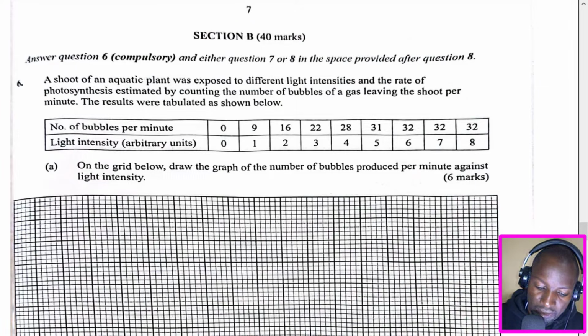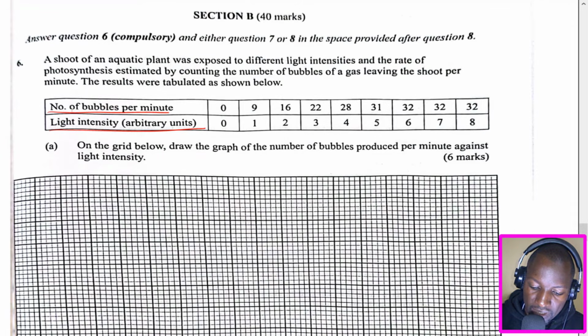We have the number of bubbles per minute, ranging from 0 up to 39, and then the light intensity from 0 to 8.